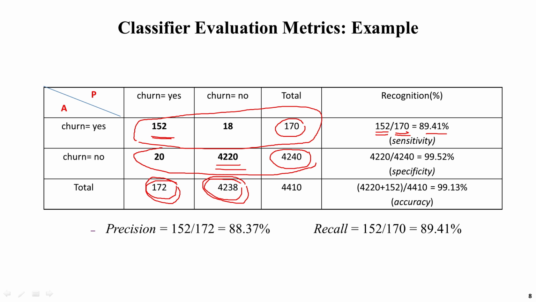And looking at this, we can compute the specificity, which is the true negative divided by the total number of negative, and we get 99%.